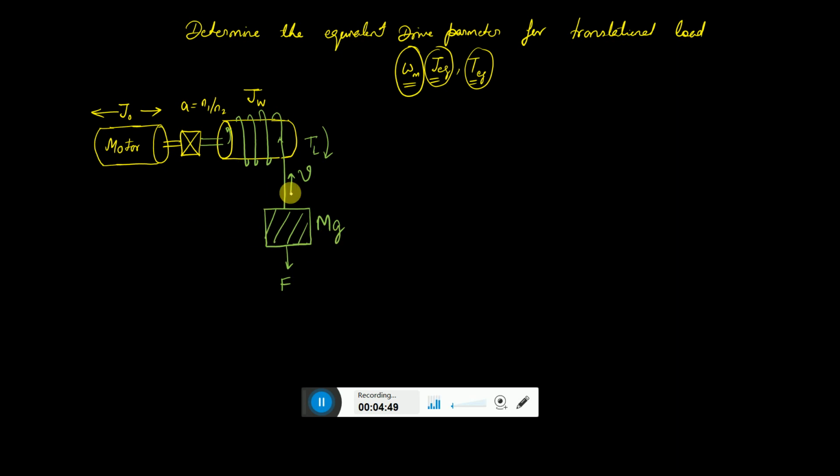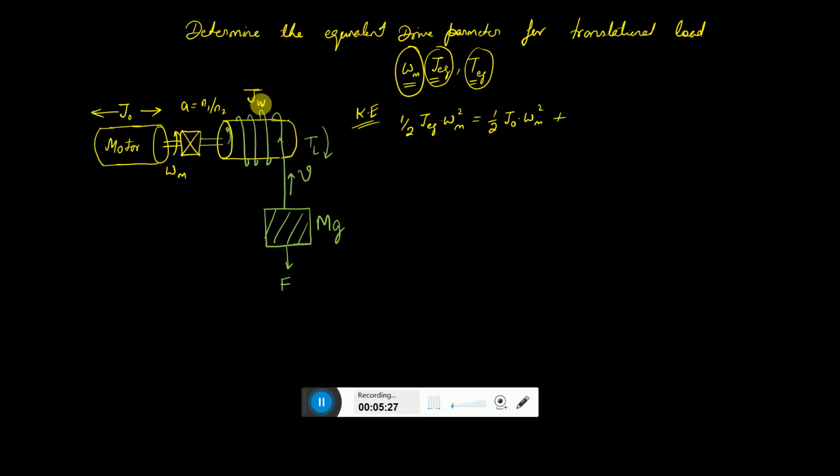Now to find the equivalent inertia J equivalent, we can use kinetic energy. We take a fictitious J equivalent running at speed omega m, so half J equivalent omega m square equals half J0 omega m square plus the drum term.